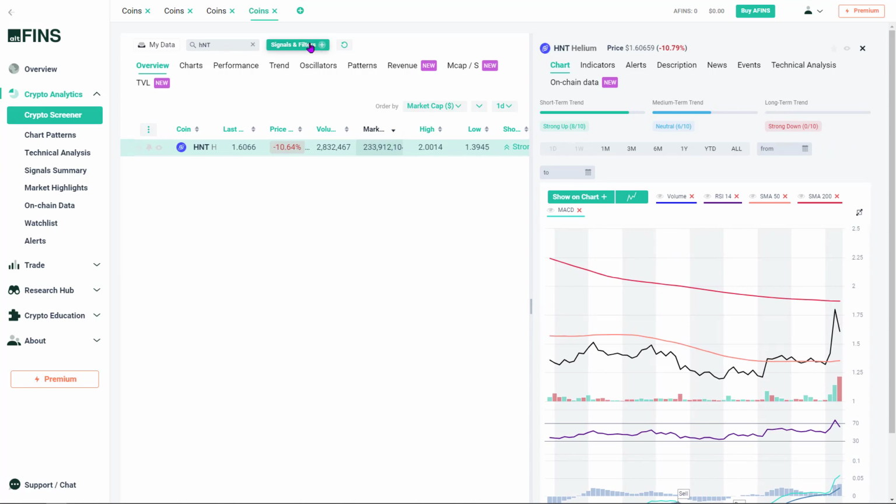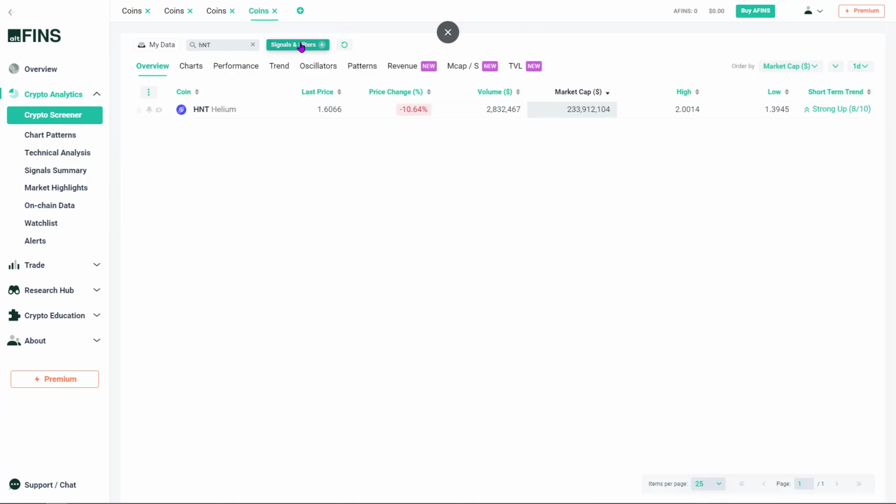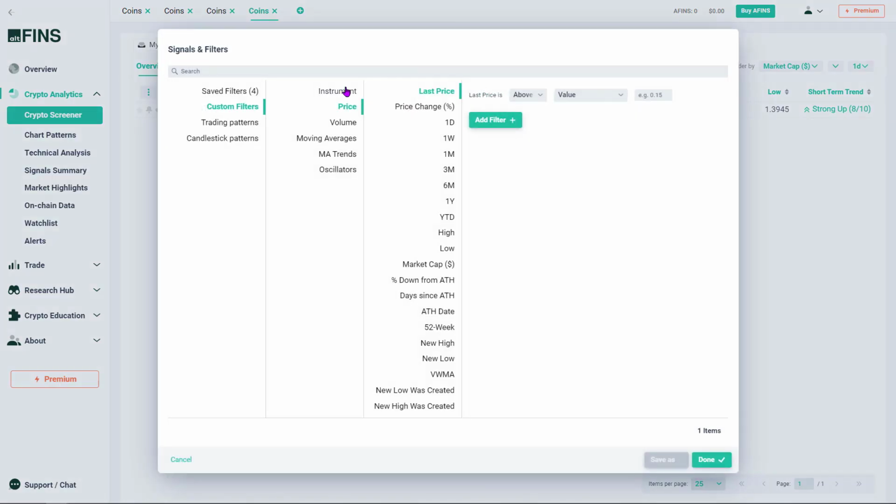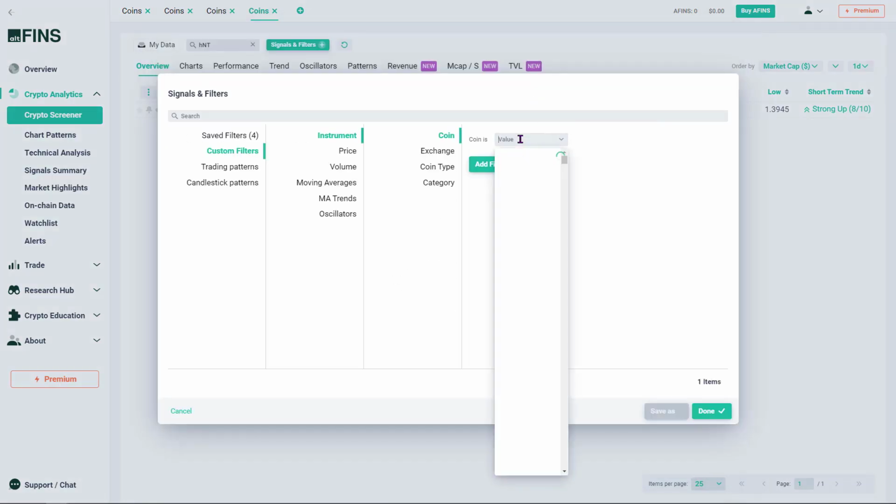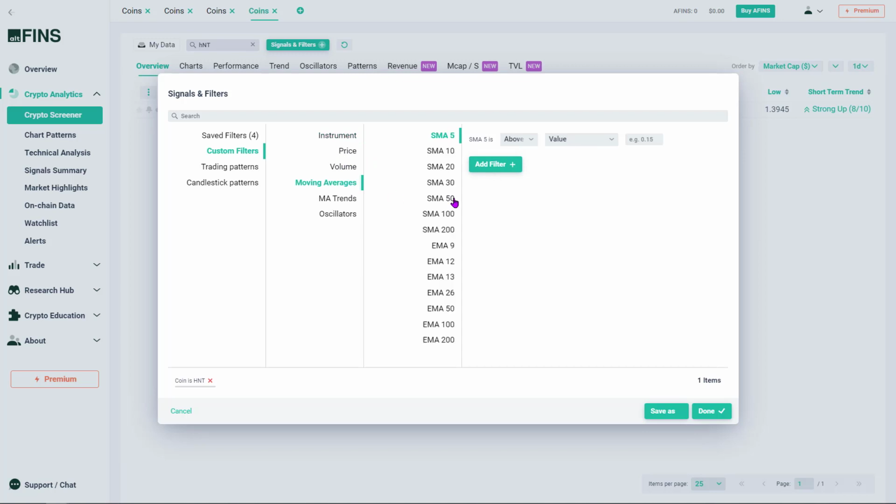So let's go ahead and set that up. So first of all, I want the instrument to be HNT, add that, and also to say that the EMA 12 crosses below EMA 50.